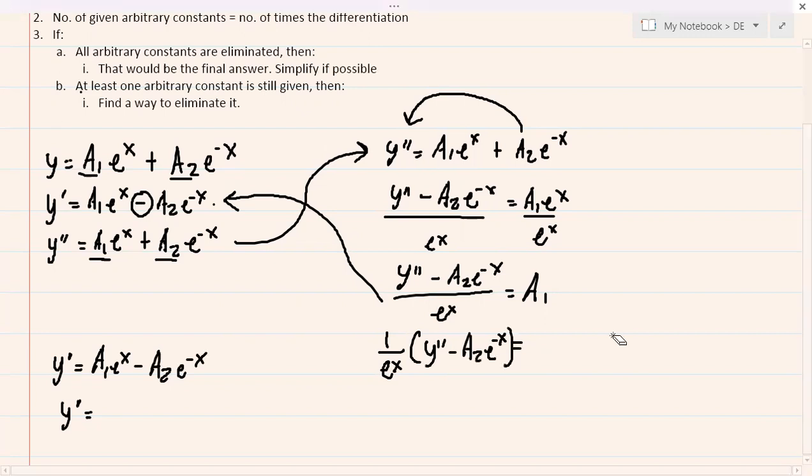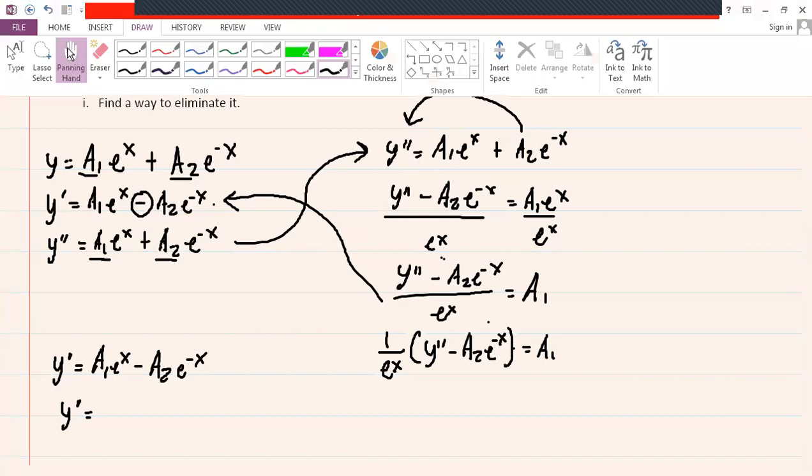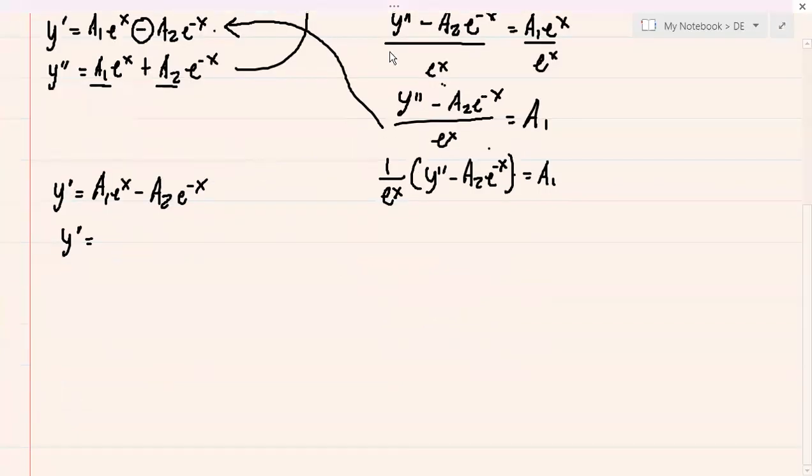You can do it that way. Alright? For your convenience. So I will just use this, since I believe that if I use the fraction, you will have more difficulty. So if that's the case, I now have 1 all over e raised to x times quantity y second prime minus a sub 2 times e raised to negative x.